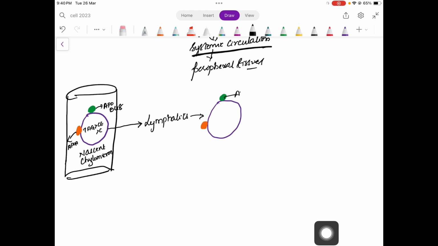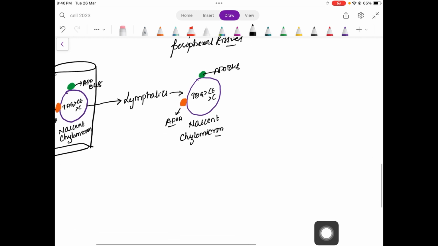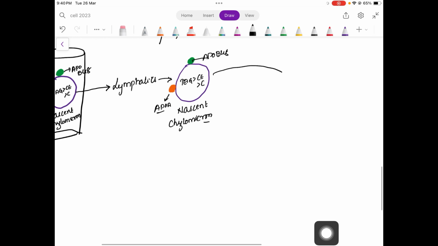This is ApoB48, and this is ApoA. So triacylglycerols are greater than cholesterol ester, greater than cholesterol. This is called a nascent chylomicron, and this nascent chylomicron in the systemic circulation will receive ApoC2 and ApoE from which molecule?